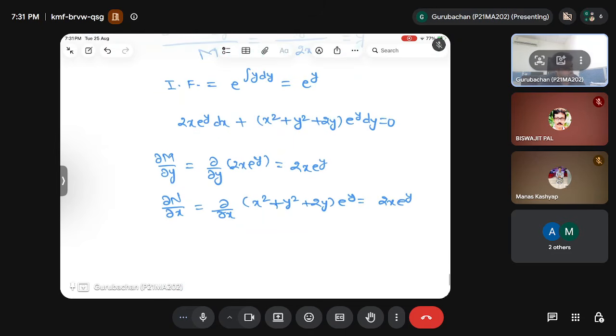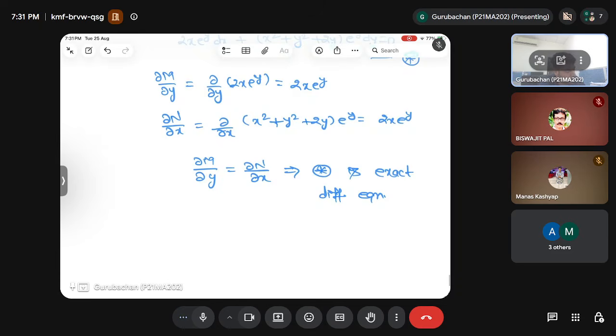So now the updated equation is exact. I'm calling this star. Star is an exact differential equation.